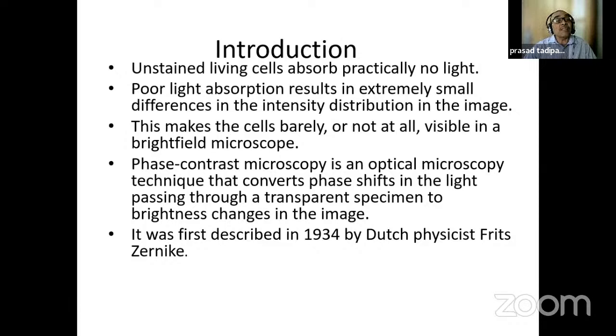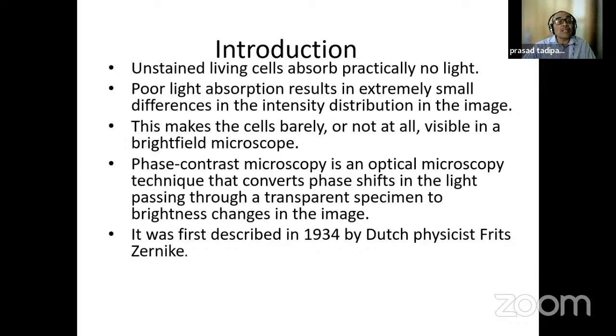Unstained living cells absorb practically no light. That's why we try to exploit them without staining the cells. The light passes through the sample, but here we have to use a different technique. Poor light absorption results in an extremely small difference in the intensity distribution in the image.